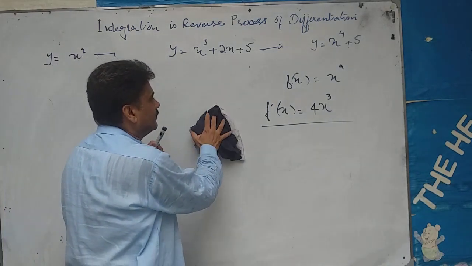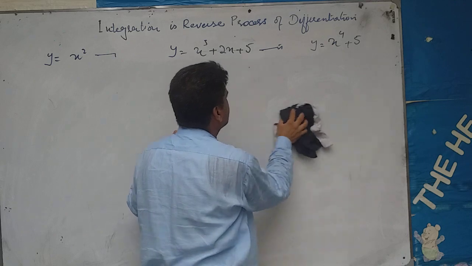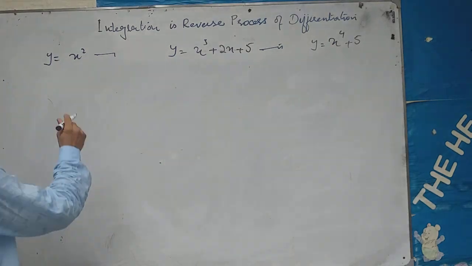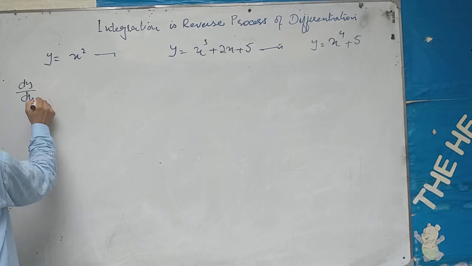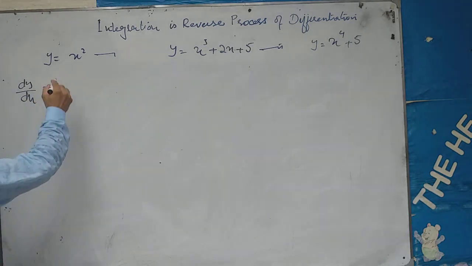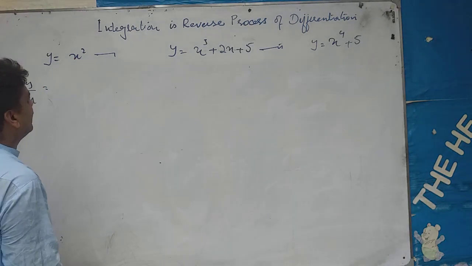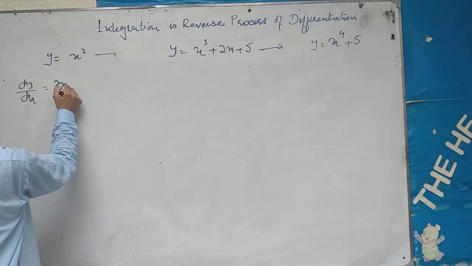Now, the gradient functions are dy by dx or first order derivative, which, when we apply the power rule, is 2x.